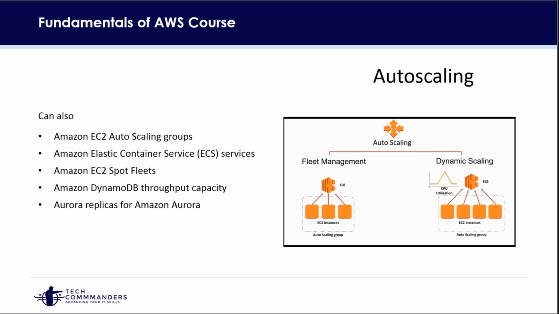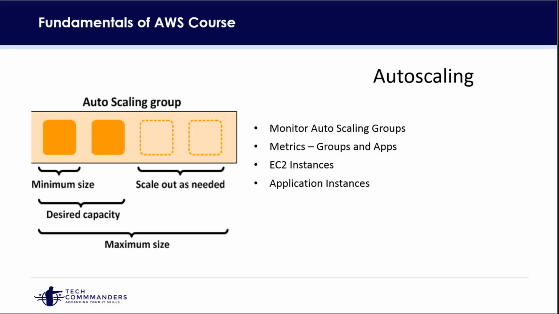Auto scaling does support auto scaling groups. It also supports container service, spot fleets, and also replicas as well. One thing to be aware of with auto scaling is that we could use it with, of course, CloudWatch. Now, CloudWatch is a monitoring service that allows us to monitor the health of our resources and applications on AWS.